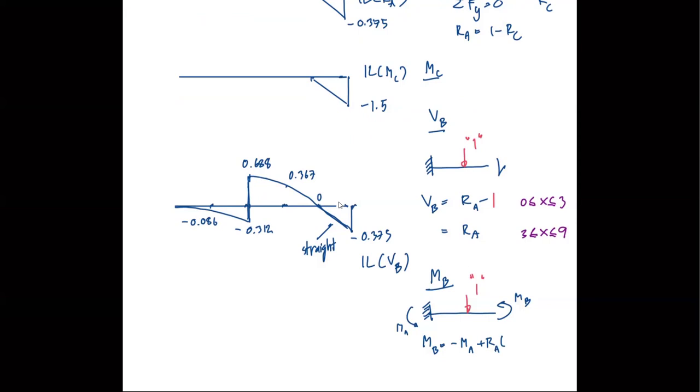what's the distance? 3, right? And this time we take moment at B, so here we'll have to subtract the unit load multiplied by 3 minus X, because that's the distance.